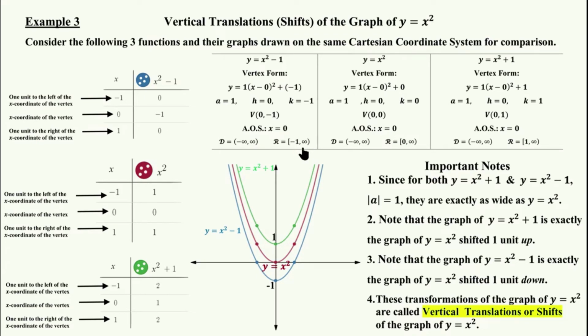If you wanted to write that in set builder notation, you would say all y such that y is greater than or equal to -1. For this one, you would say all y such that y is greater than or equal to 1. Again, these are vertical translations or shifts of the graph of y equals x squared. Spend some time on the page, make sure you understand it, and then we'll proceed.